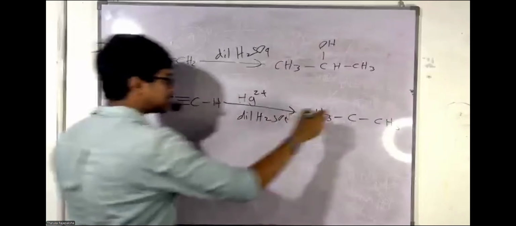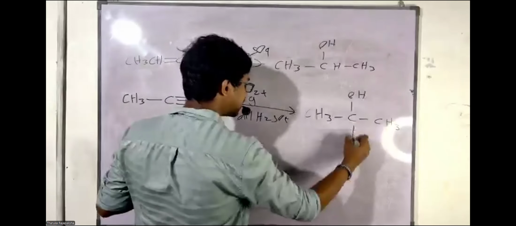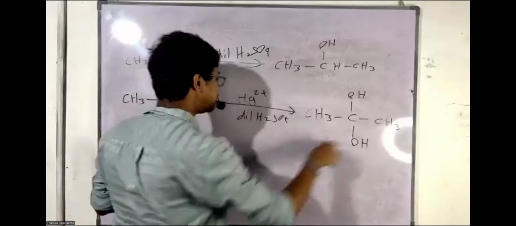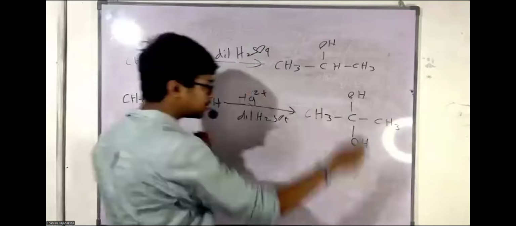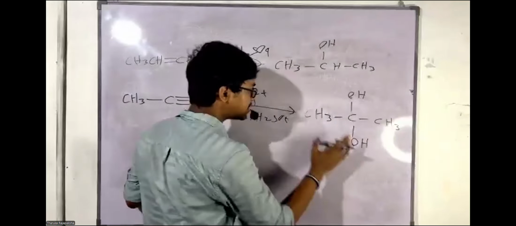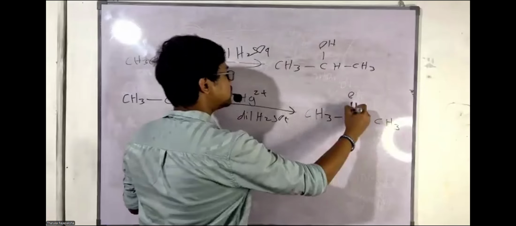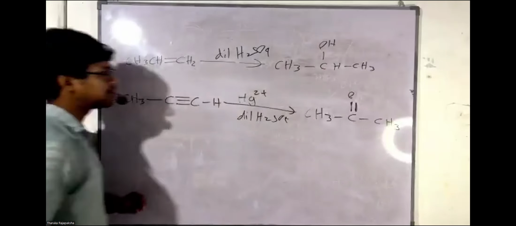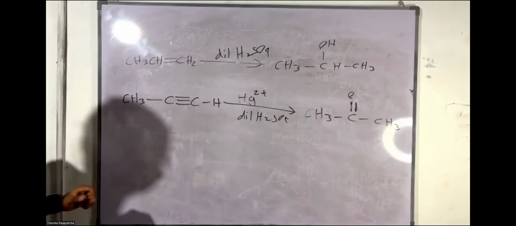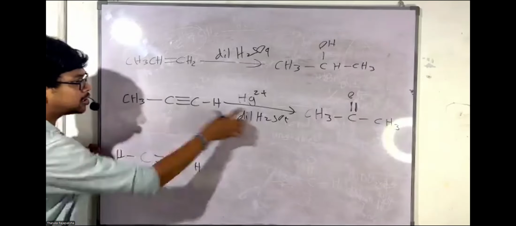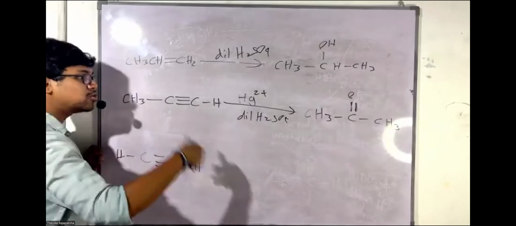Not a single OH. Let's say something like this is formed, because two OH should attach, since this is an alkyne. This is unstable and it will go to a compound like this. It will go to the innermost carbon. In the previous example with ethyne, this compound reacted with Hg2+ and dilute H2SO4 and there you get an aldehyde.